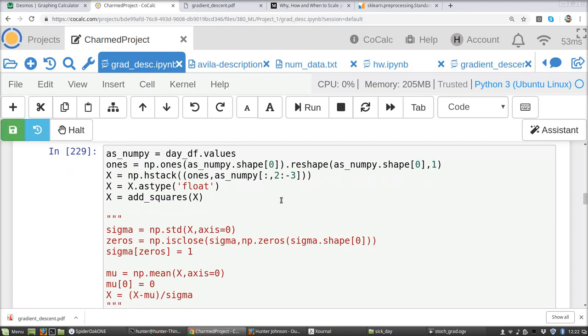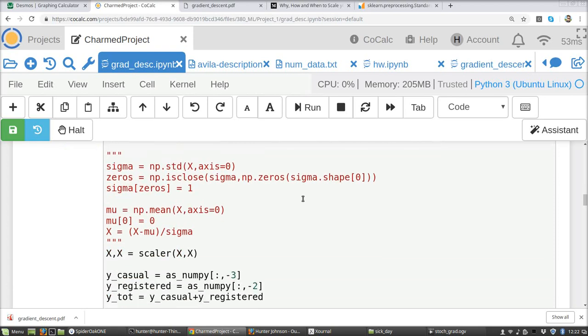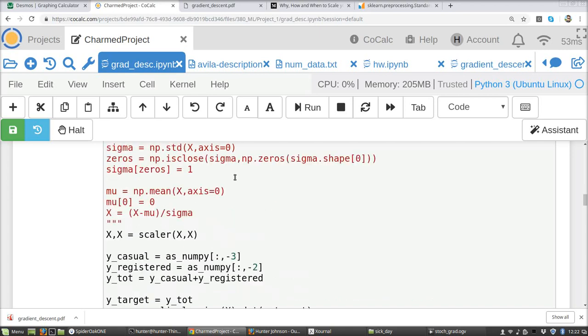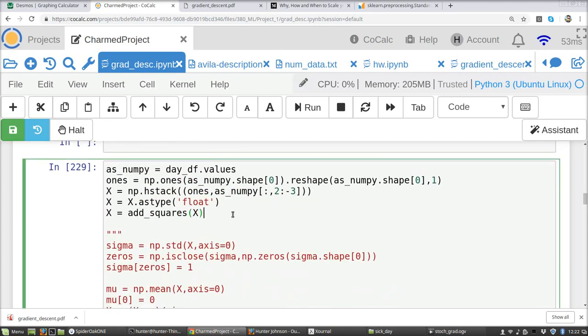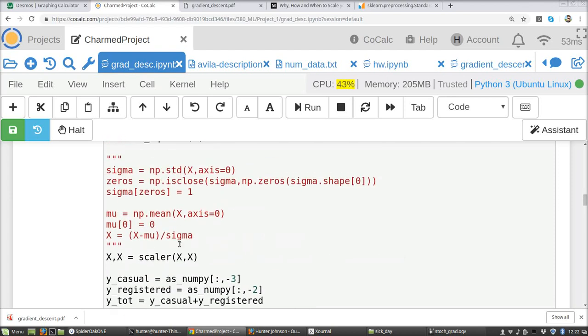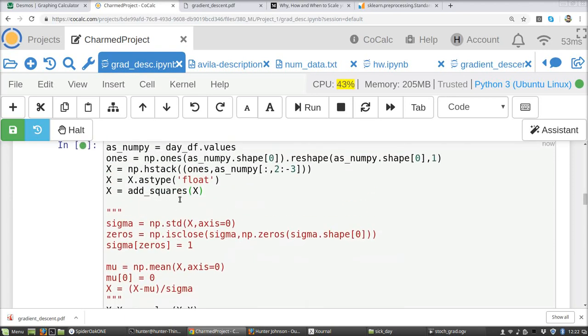So I start here. I load up that data, and I use as a target. What does y turn out to be? Oh yeah, so I have y casual, y registered, and y total. You can see here I scale the.